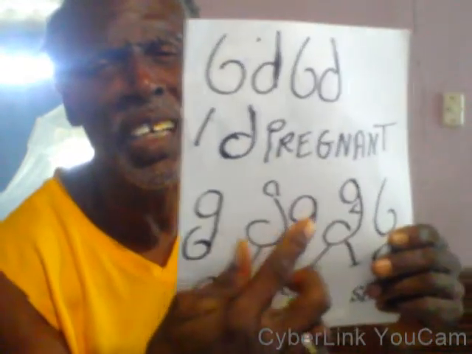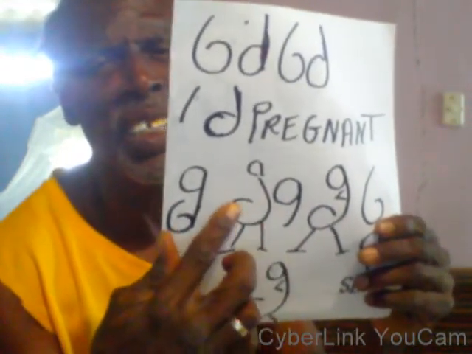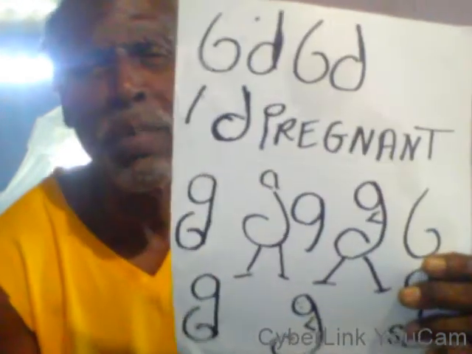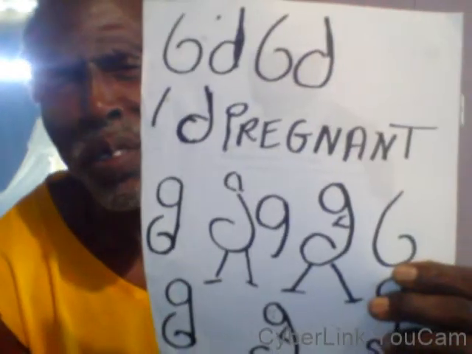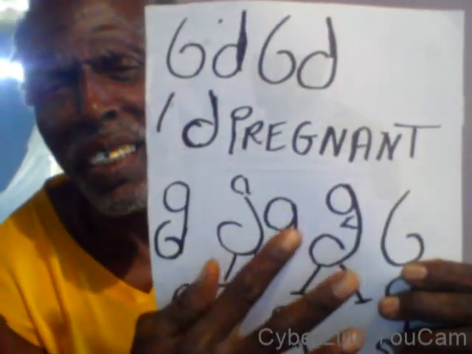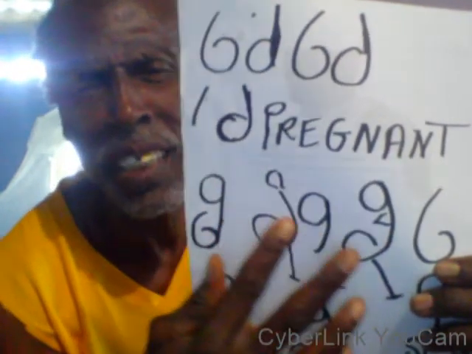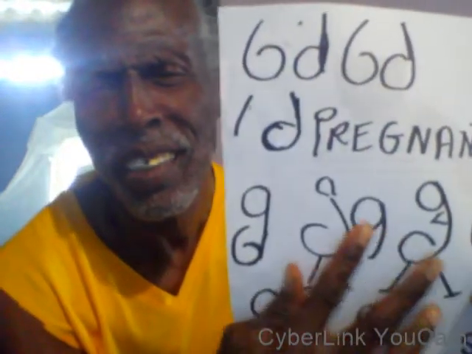Right? Look at the 6 here. This is the 6 here. The belly, the woman, it represents pregnancy. Right? Look at it again.